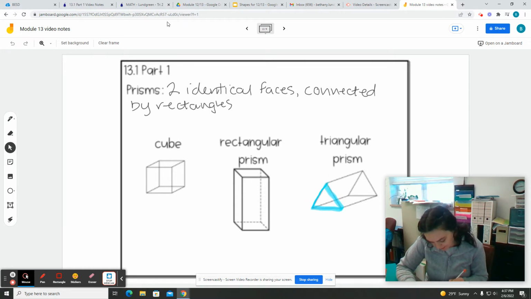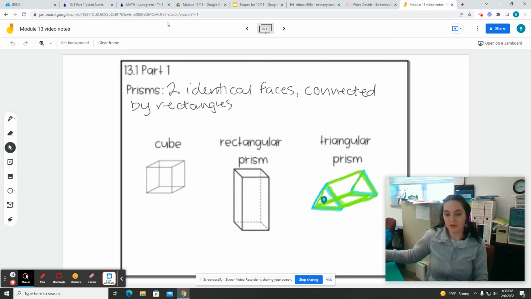There's one there and one on this opposite side. And then along the sides, we have one rectangle there, one rectangle along the back, and then another rectangle along the bottom. So that's 2 triangles and 3 rectangles.